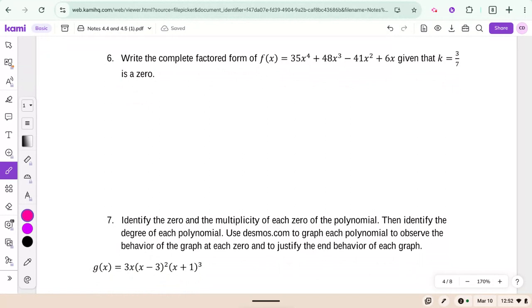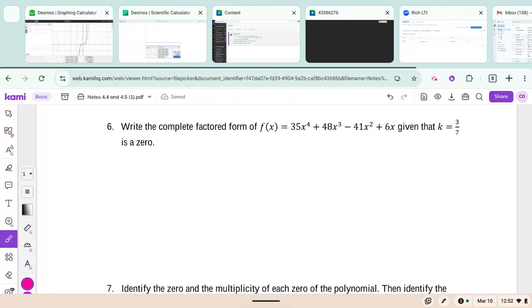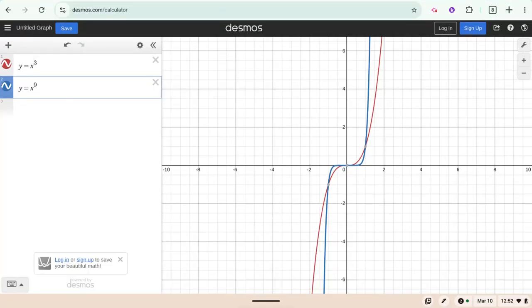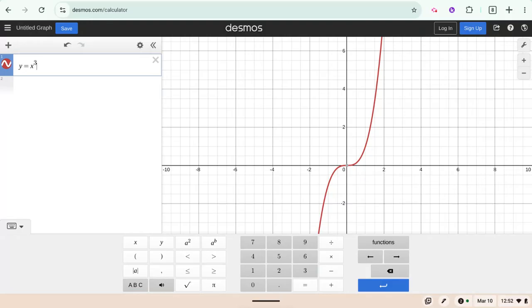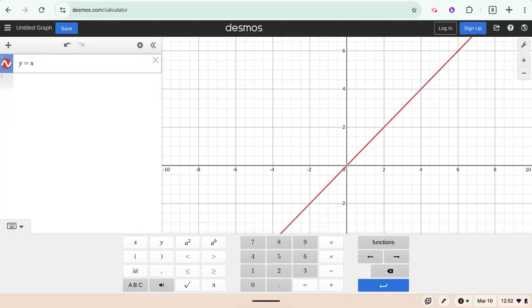I know what we're going to do. We're going to graph this. Trying to figure out what they wanted us to do. They want us to graph this one. This would be one where if this was a test question, I would actually give you this graph.